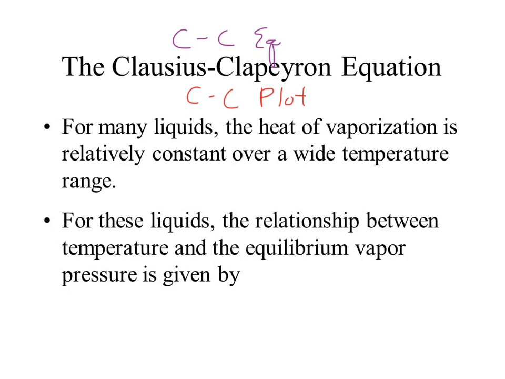So the heat of vaporization, delta H vap, is how much energy you need for a gram to go from a liquid to a gas. For some substances that will vary with temperature, but for others, whatever temperature the liquid is, it still takes the same amount of energy to vaporize.